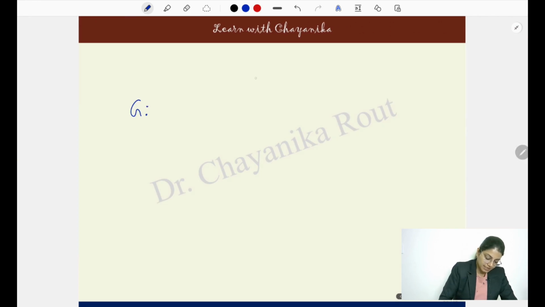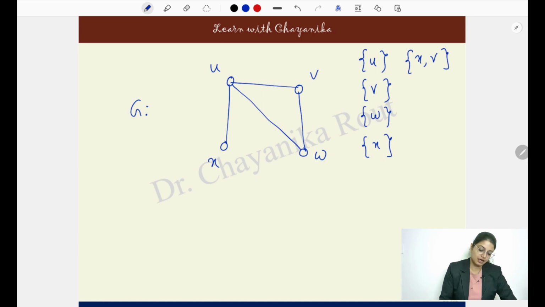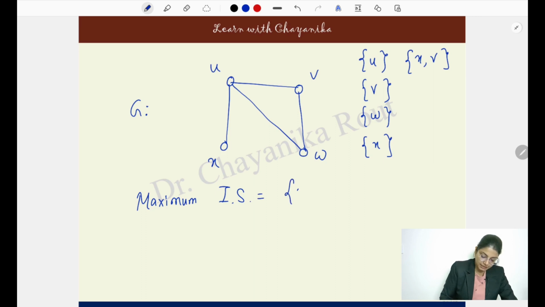So if we see any graph, let's see for this graph U, V, W, X. Here if we list down all the independent sets, we will get singletons U, V, W and X, and of size 2 we have XV, so the maximum independent set is the set XV, whose cardinality is 2, so alpha(G) is 2.